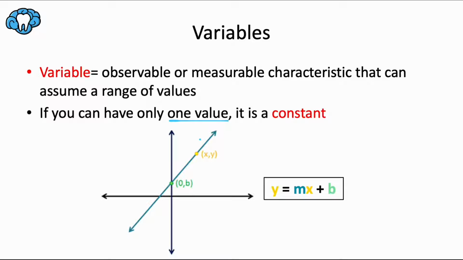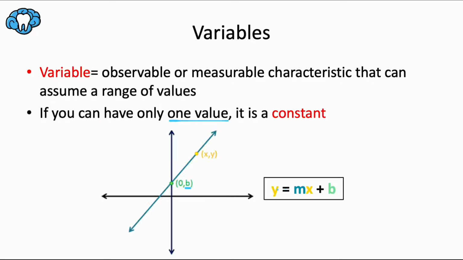If you're familiar with algebra, you've probably seen the slope-intercept form of the equation of a straight line, which is y equals mx plus b, where m is the slope of the line and b is the y-intercept, the y-coordinate at which the line passes through as x equals 0.